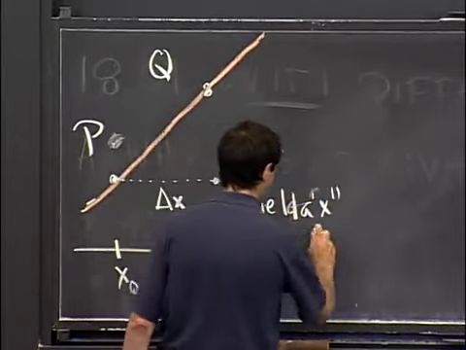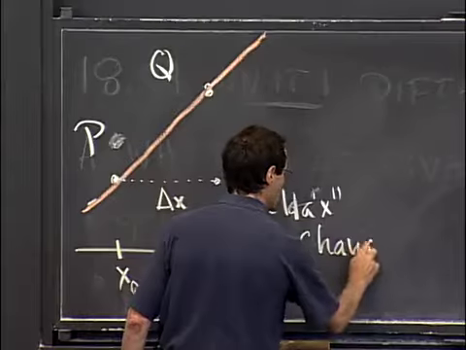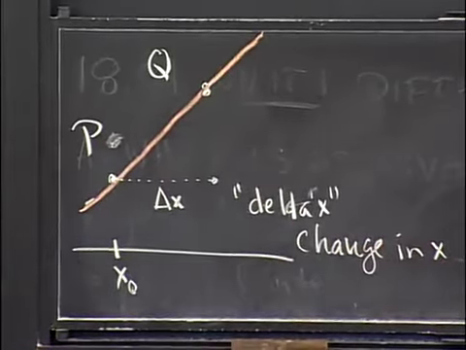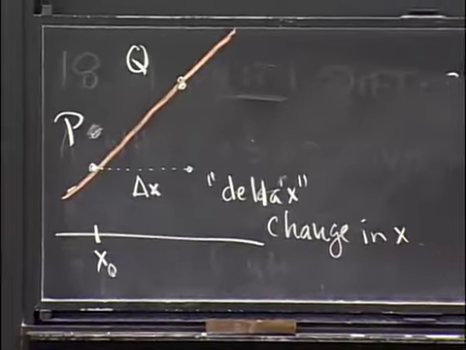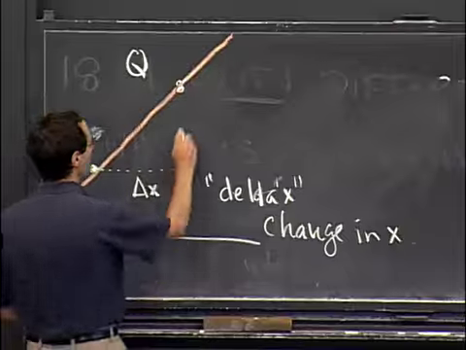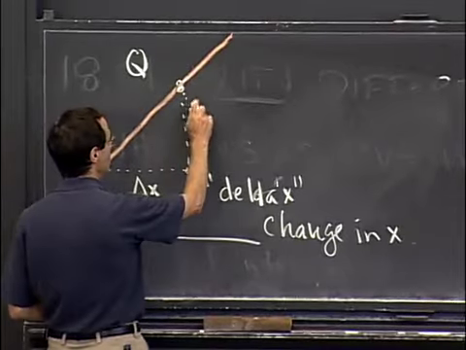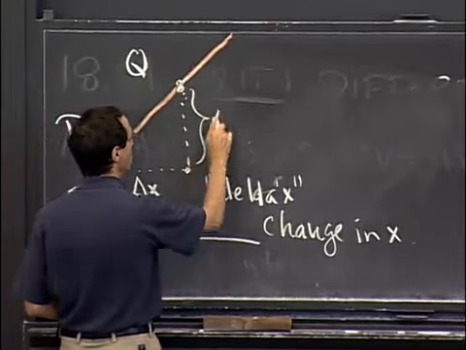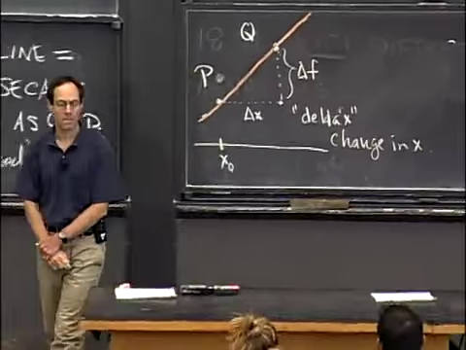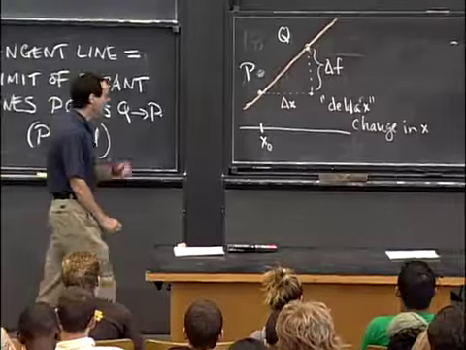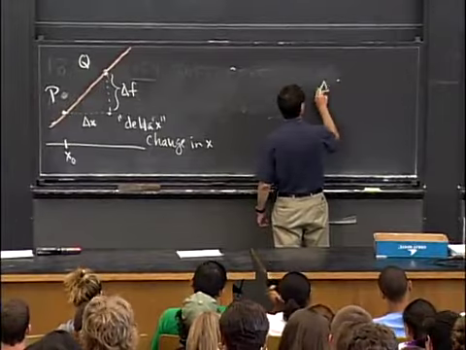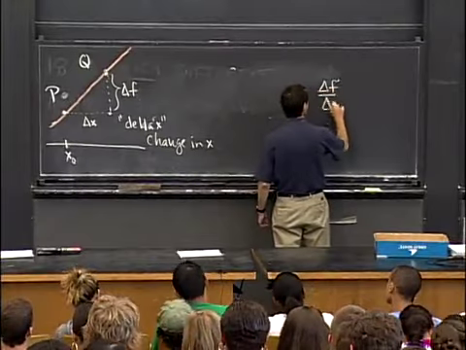And we could also call it the change in x. All right, so that's one thing we want to measure in order to get the slope of this line PQ. And the other thing is this height. So that's this distance here, which we denote delta f, which is the change in f.